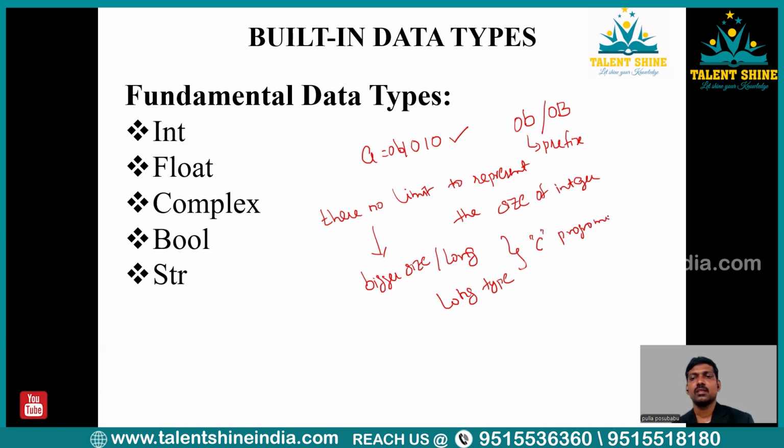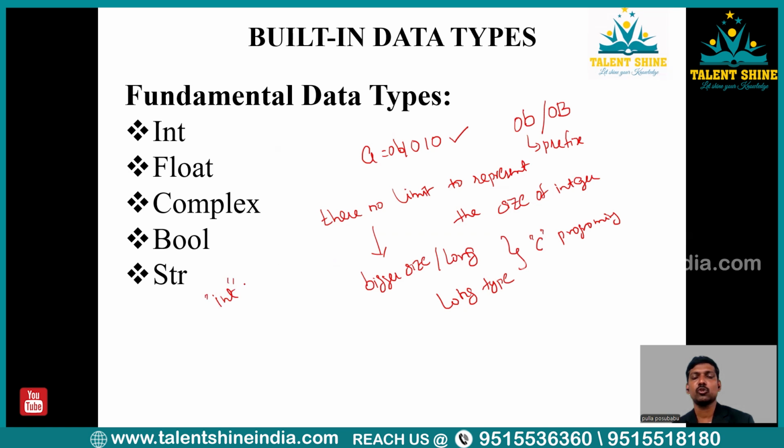Whereas in Python, we don't have any separate long type. In Python, we don't have any long type. I hope everybody is able to understand. We are going to use only int.